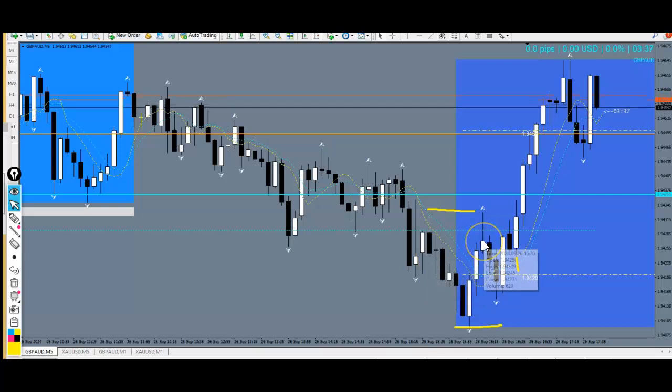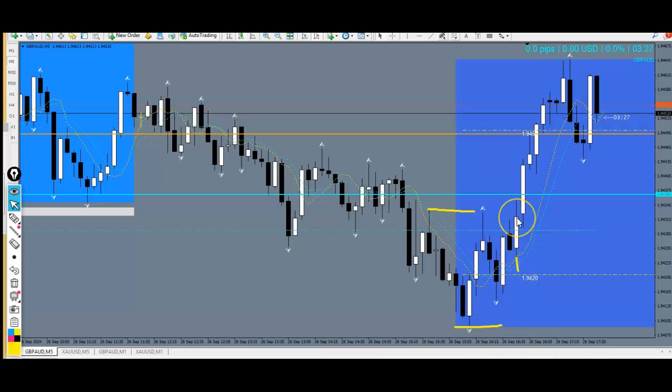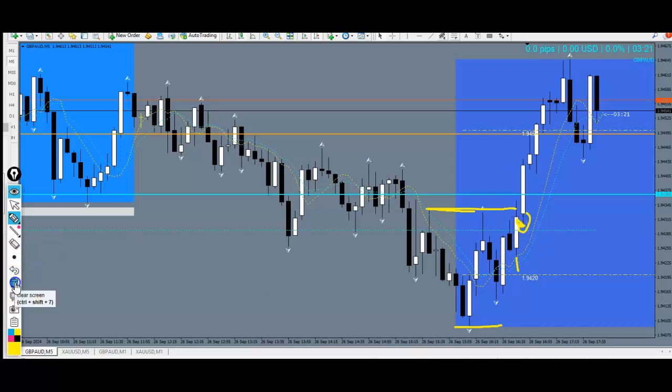Let's see, what's the high of this one here? 1.4329. So it's lower. So it's actually this high here, yes, this is 5.4. So it's this high that went above that level there. That means we'll have entered a buy on this pullback here. Technically speaking, that's what we'll have done.